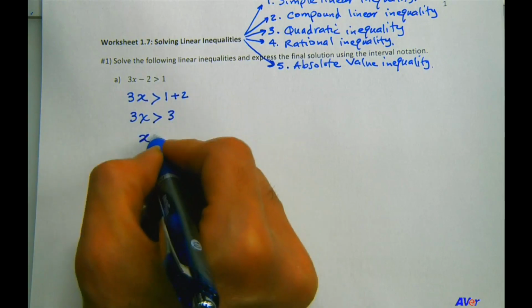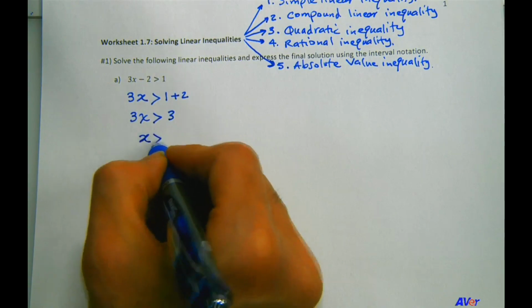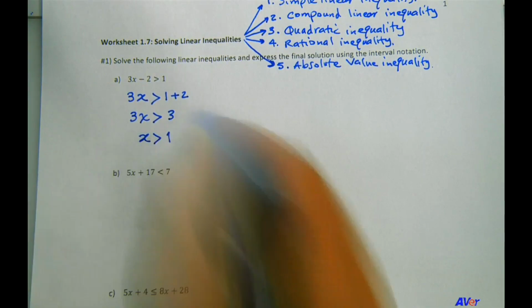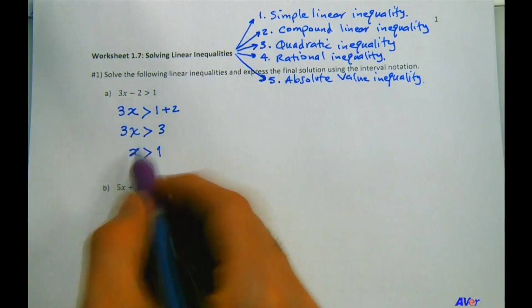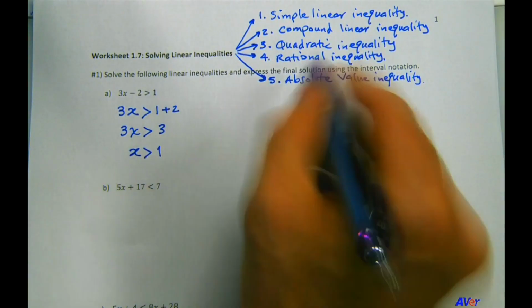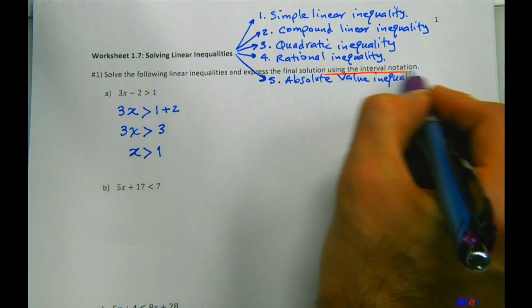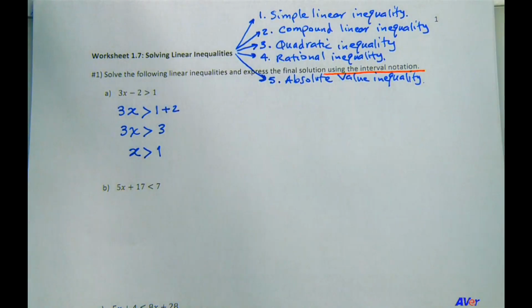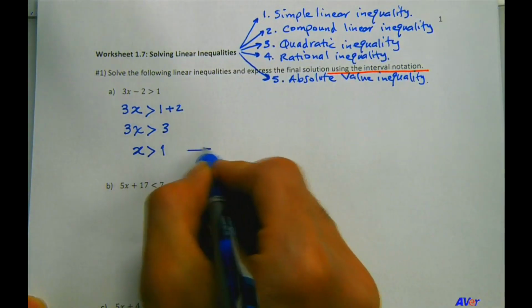And then for x, divide both sides by positive 3, and we get x greater than 1. One of the things that this section wants us to do is not only figure out the solution, but they want us to write the solution using interval notation, right? So this is the answer, but let's write that answer using interval notation.